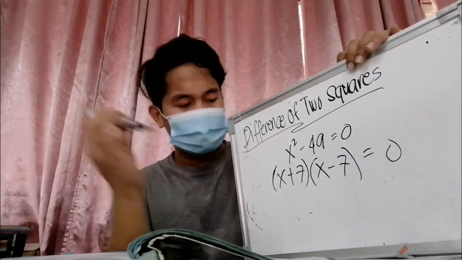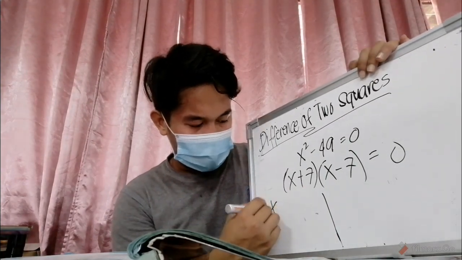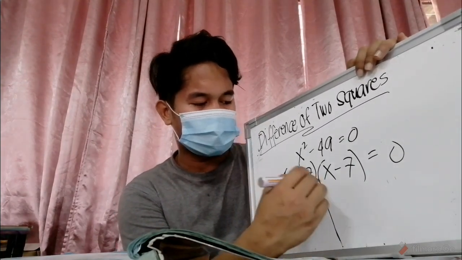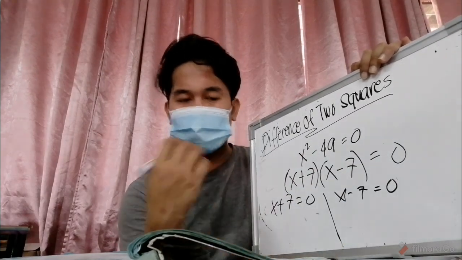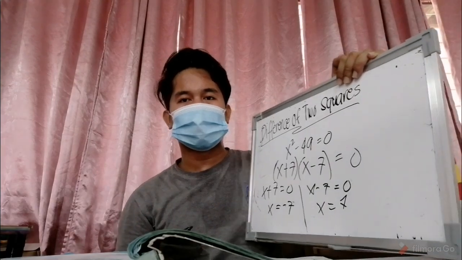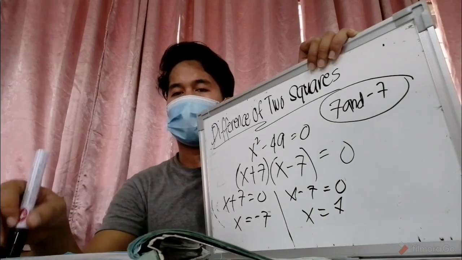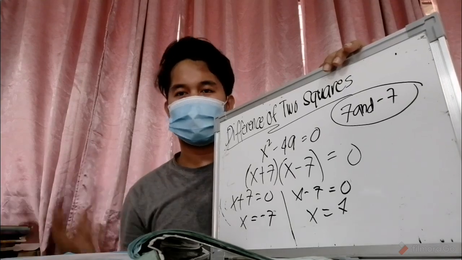So, therefore, using the zero product property, we have here x plus 7 equals 0, x minus 7 equals 0, and then transpose the number, we have x equals negative 7, x equals positive 7. Therefore, our roots are 7 and negative 7. So that is the process of factoring the difference of two squares.